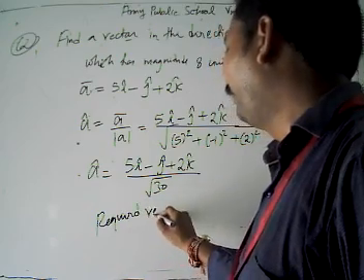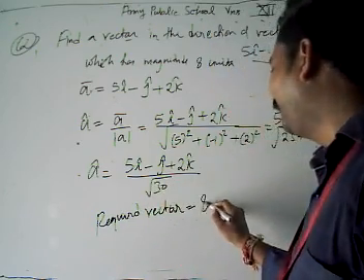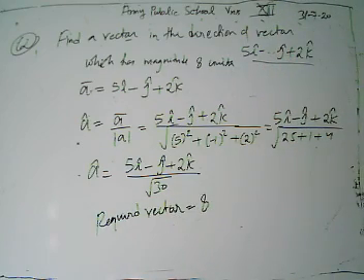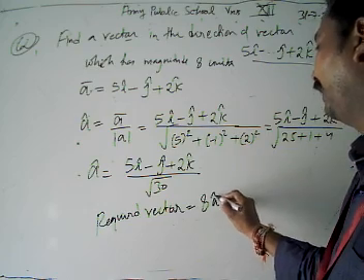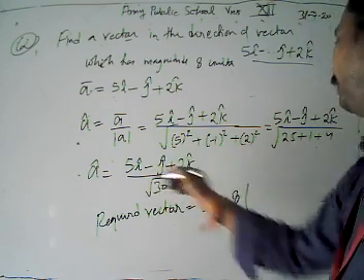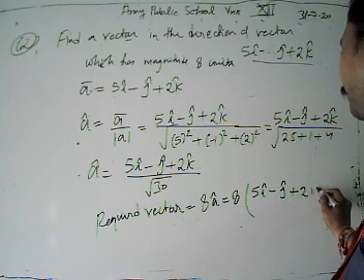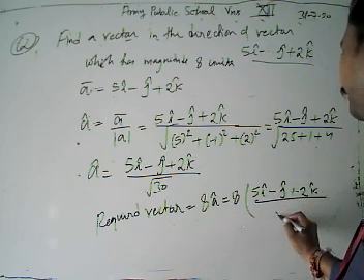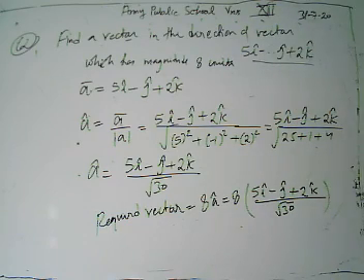With magnitude 8 unit, it is given by 8 times our vector A cap, which means 8 times 5 i cap minus j cap plus 2 k cap over root 30.